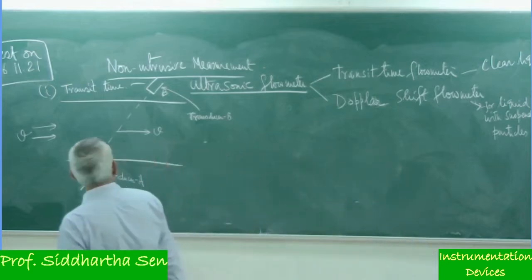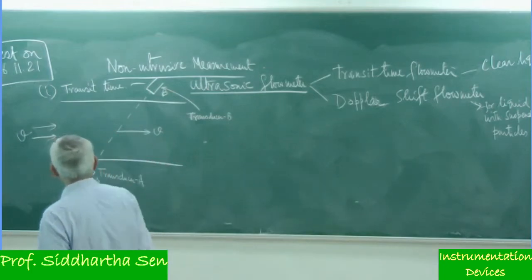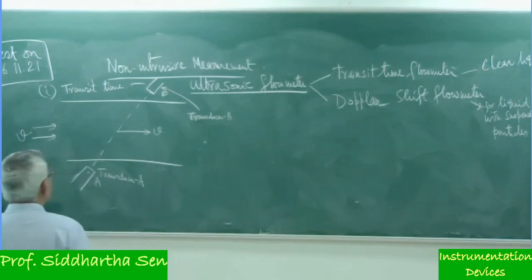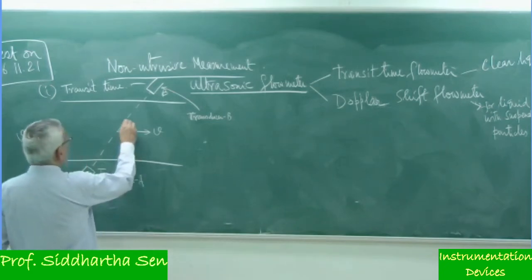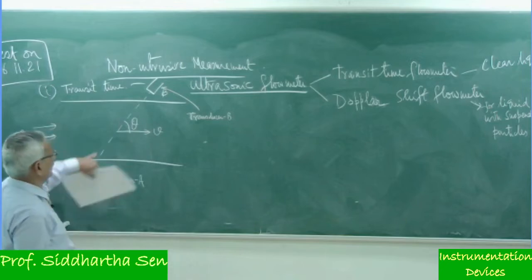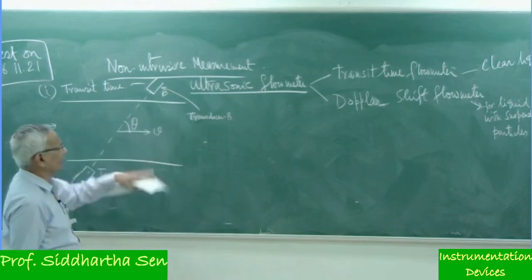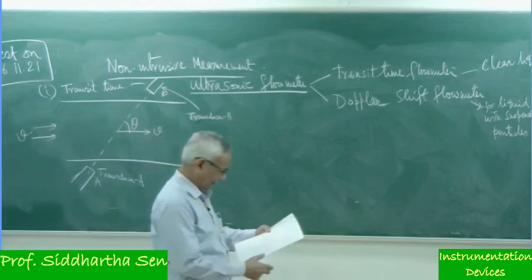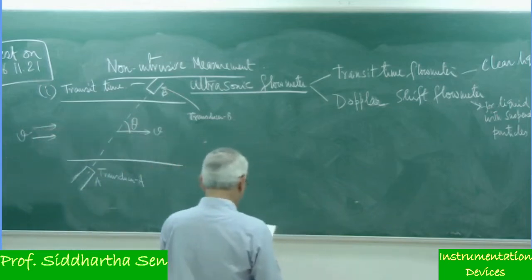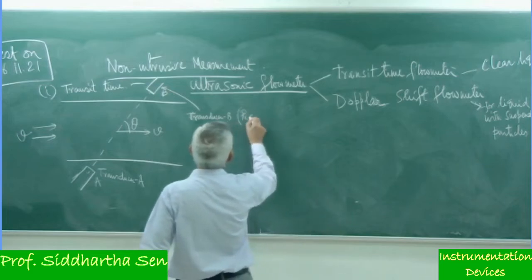Both of them, A and B, can act in transmitter mode or in receiver mode. And we have placed two transducers A and B at two different locations of the pipeline, making an angle theta. These are mostly piezoelectric.